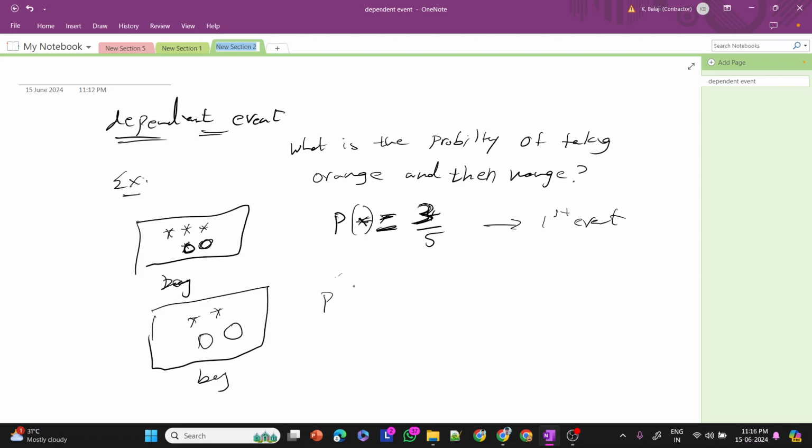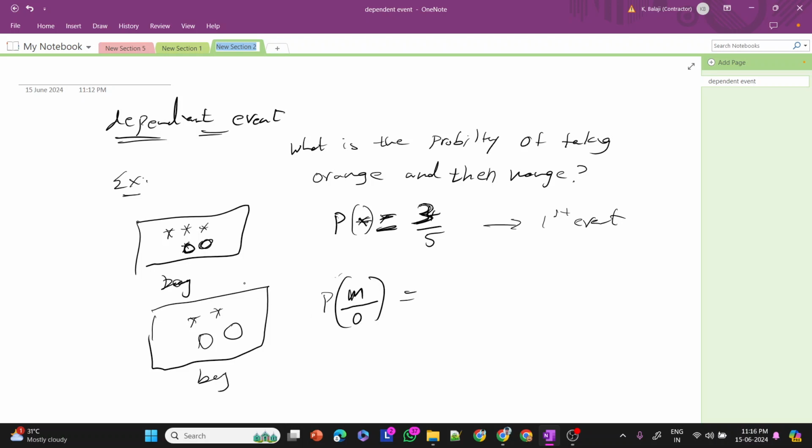That means the probability of getting a mango given that an orange was already taken.